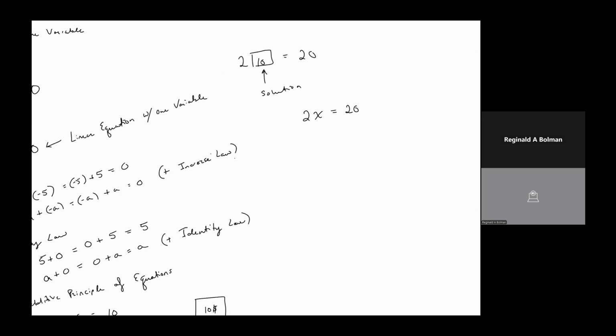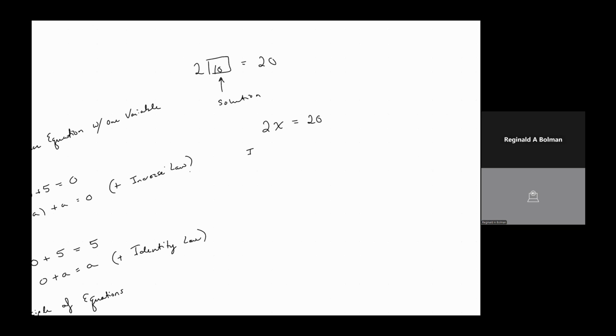If you recall, for the inverse law under multiplication, what it says is anytime you take a number and multiply it by its inverse, which is 1 over that number, you're always going to get a number divided by itself, which just equals 1. So you can take any number you want.